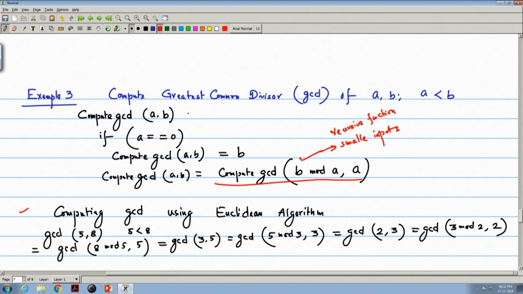Now, we will continue with some bigger examples of how to design recursive algorithms in my next class.